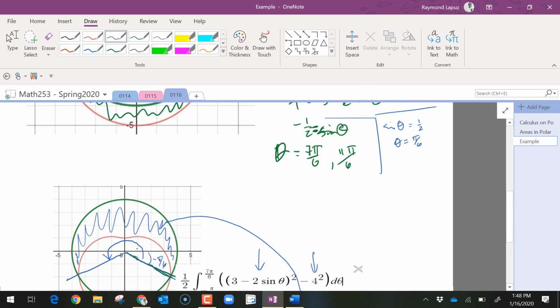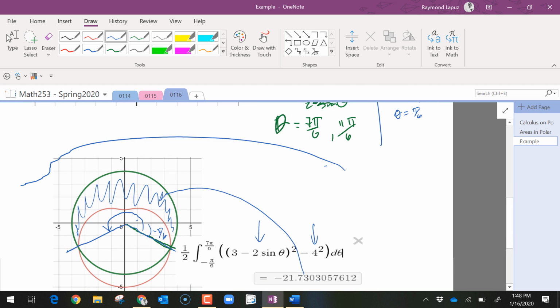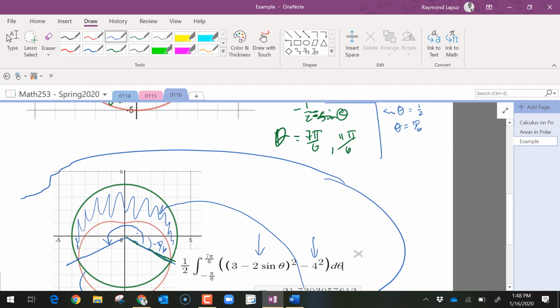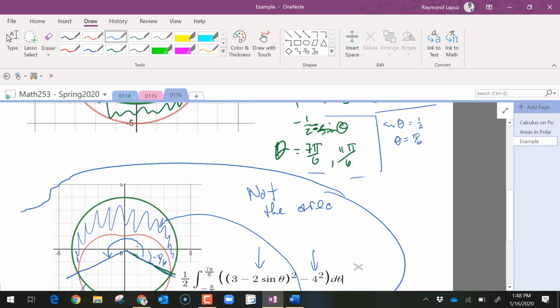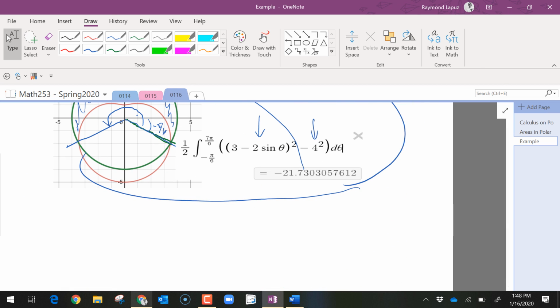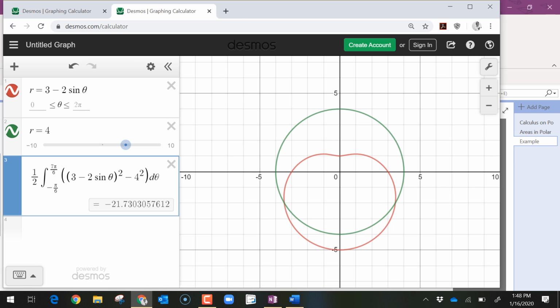So instead of doing this, which is not the area, we want to actually integrate from 7 pi over 6 to 11 pi over 6. So let's put that into our calculator. And we see something that might make a little bit more sense. It's about 6 point something.